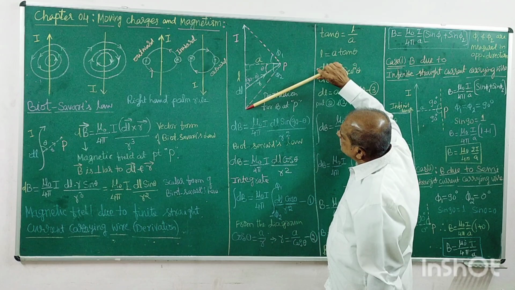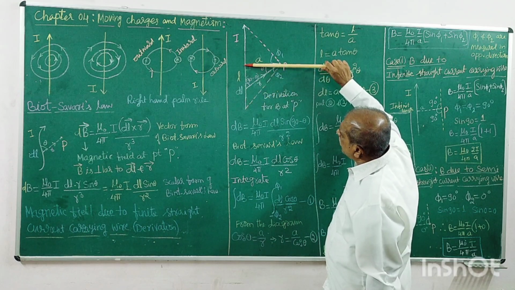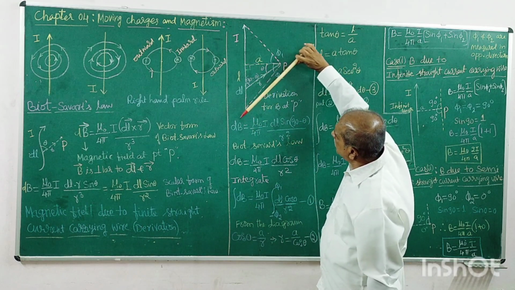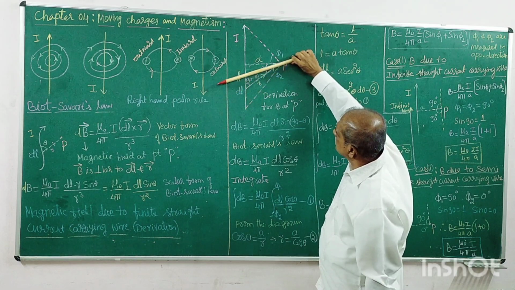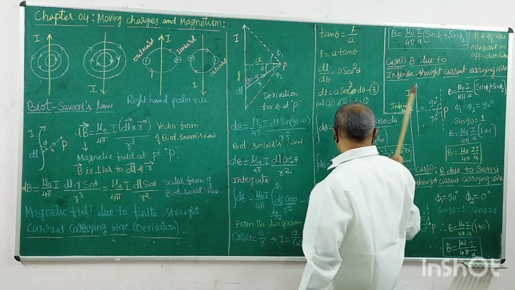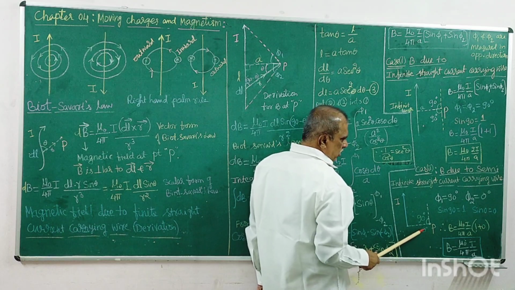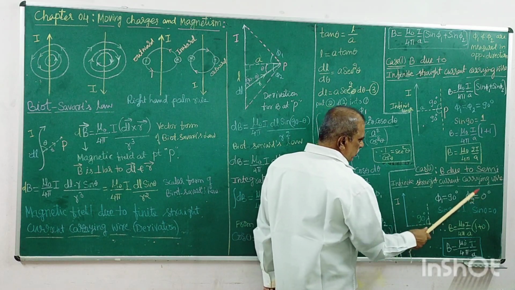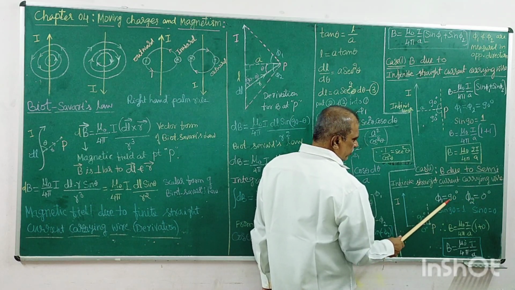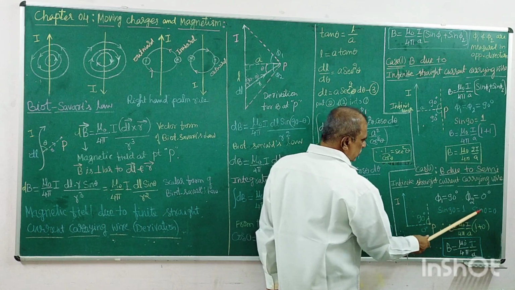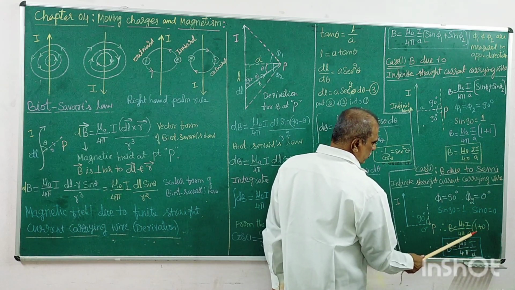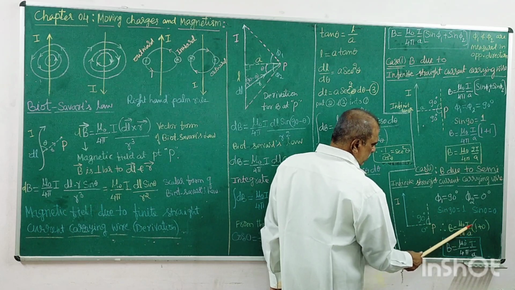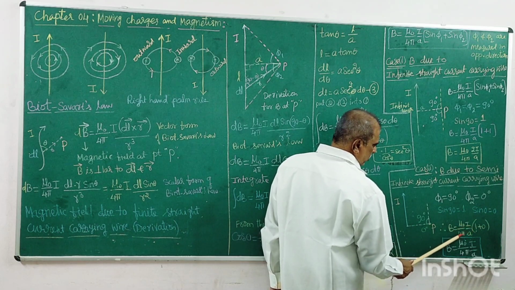What about this line? In the semi-infinite case, this end point is approaching closer to this point. As the point approaches, the angle decreases, because when coinciding it becomes 0. So theta 2 equals 0 and theta 1 equals 90. Sin 90 is 1 and sin 0 is 0, so the sum becomes 1, giving mu naught I by 4 pi a.